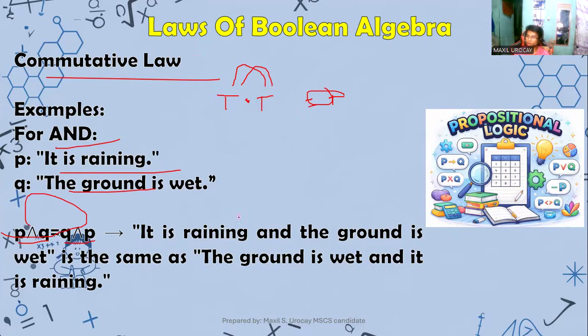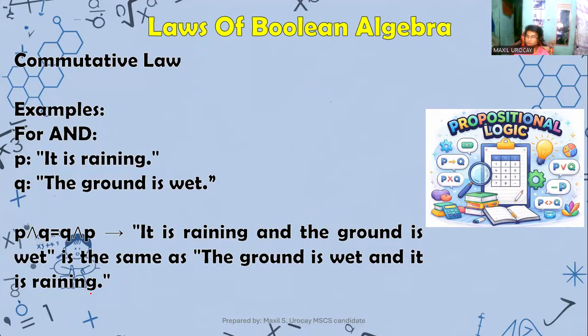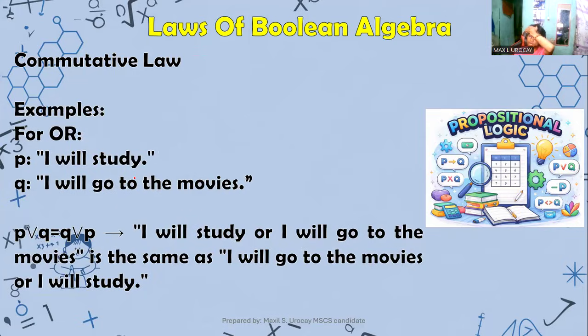That's why they are equal. It is raining and the ground is wet will always be the same as the ground is wet and it is raining. And for OR, for example, I will study or I will go to the movies is still equal to I will go to the movies or I will study. That is really so basic.